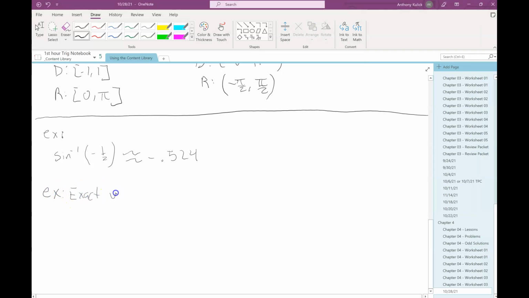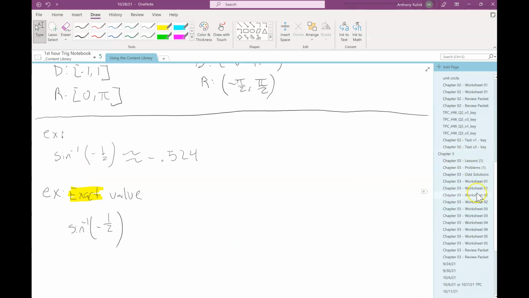What if I ask for the exact value of sine inverse of negative 1/2? When I see the word exact here, I know I'm going to have to use the unit circle. So let's pull that and put that in here so we can refer to it.